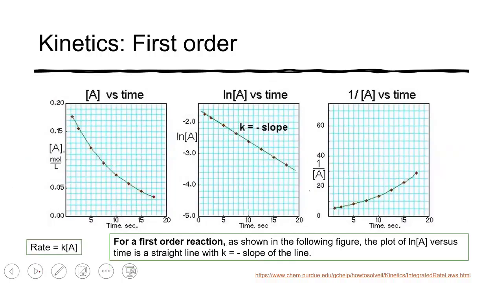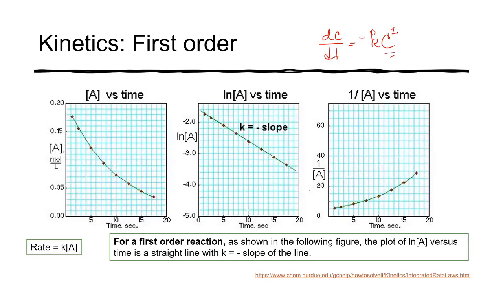A first order reaction, we can describe that, and I'll write it as dC/dt is equal to minus kC. So the rate of change is a function of the concentration to the first power.